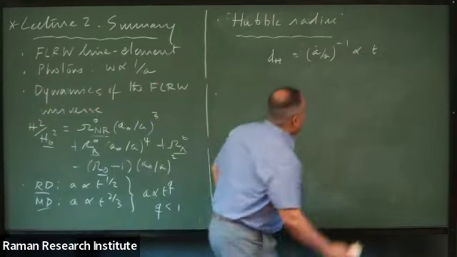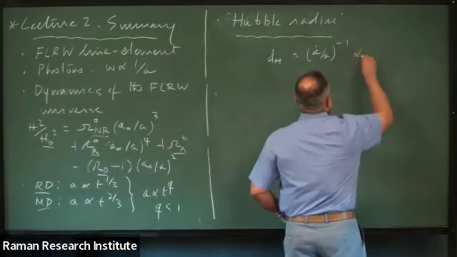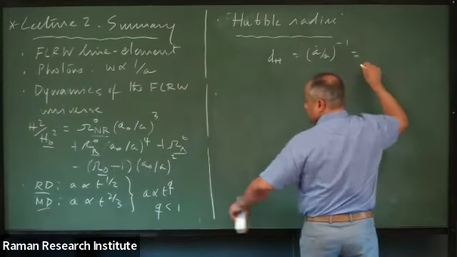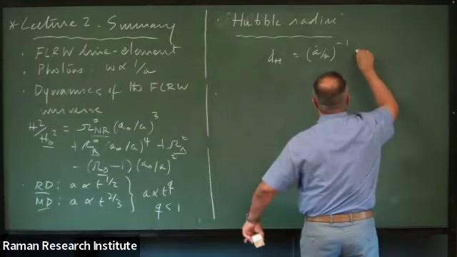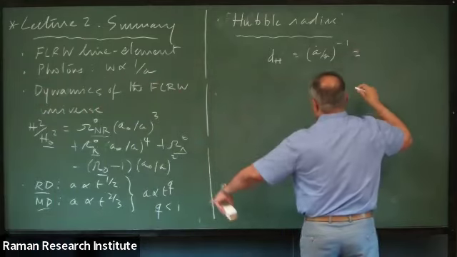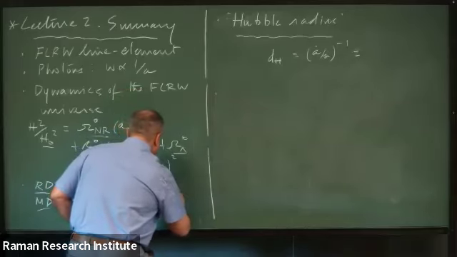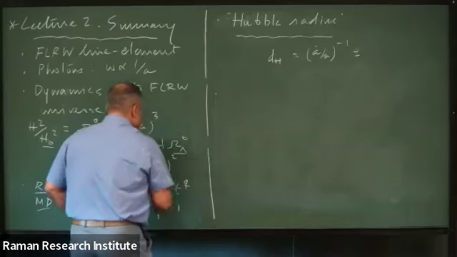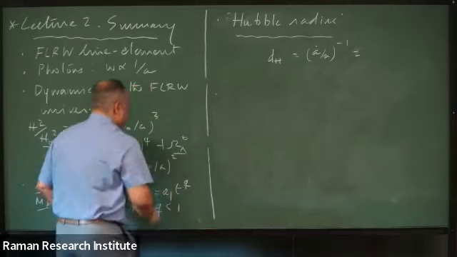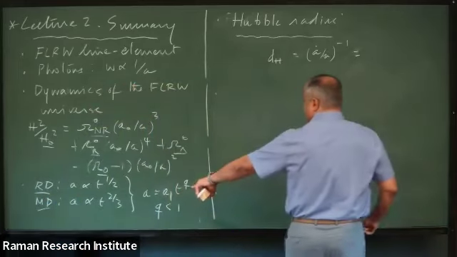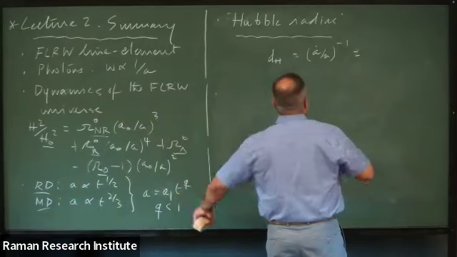So some of you seem surprised. a dot is what? Actually it's equal to, because the constant, let us say this is A1 t power q. I shouldn't use A naught because A naught refers to something else. Let me call this A1. A1 has dimensions, please note that.